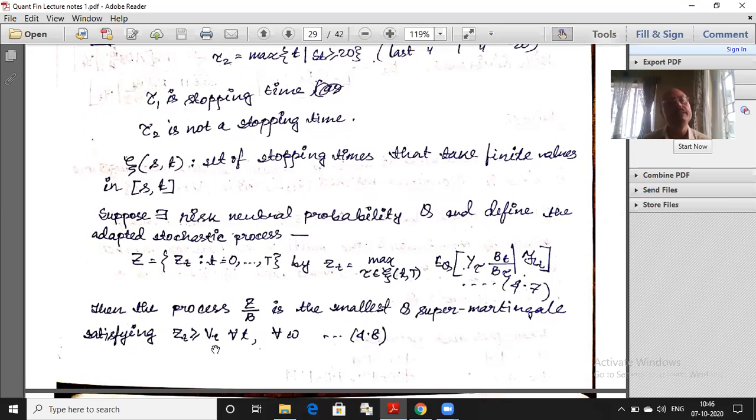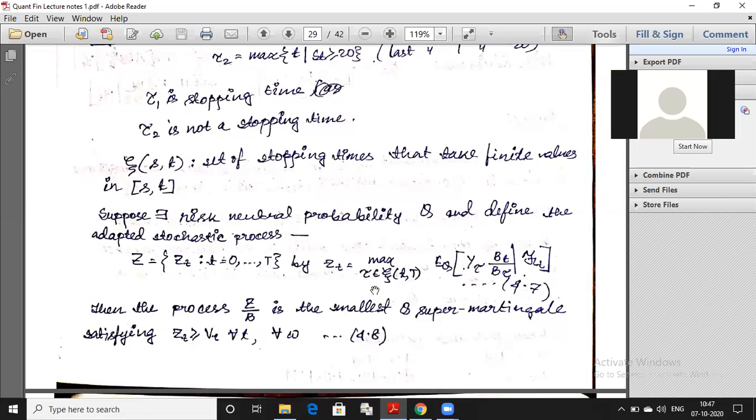So VT is my European option. So for VT, there is no choice of exercise time. The exercise time is fixed at capital T. So my only possible stopping time is capital T. And based on that, I calculate an expected value, which is Vt at time t. Instead, for Z, I can actually maximize over a set which is more than a singleton, the set of all the stopping times.